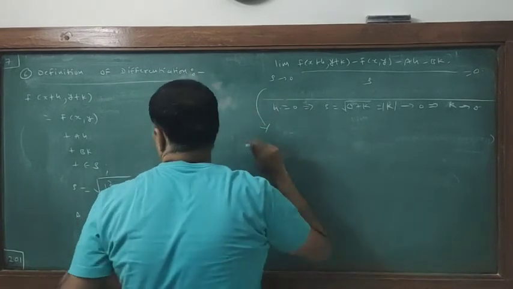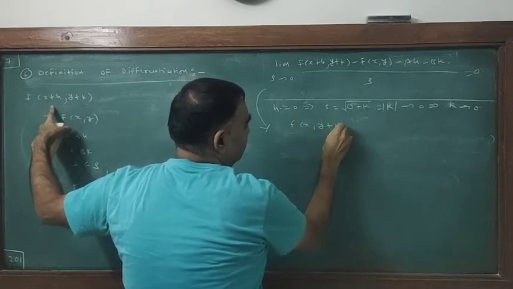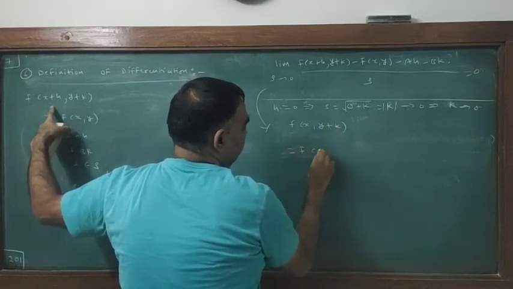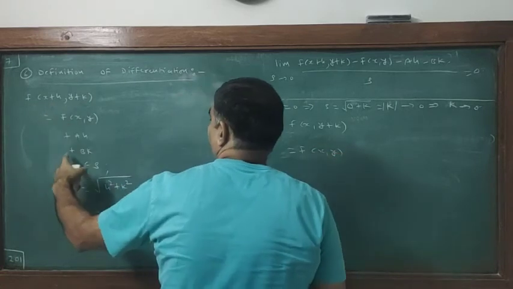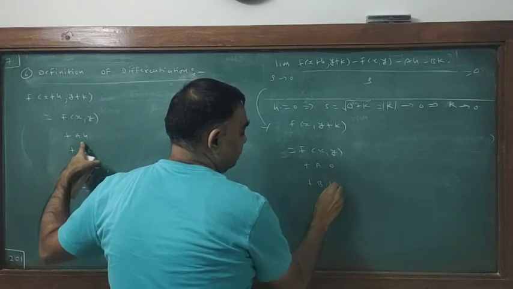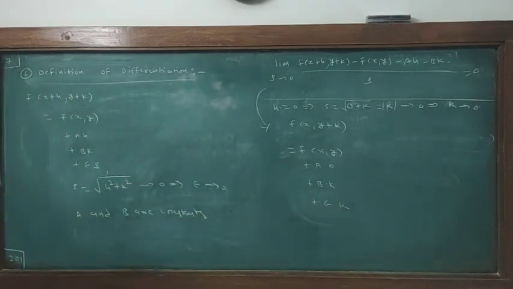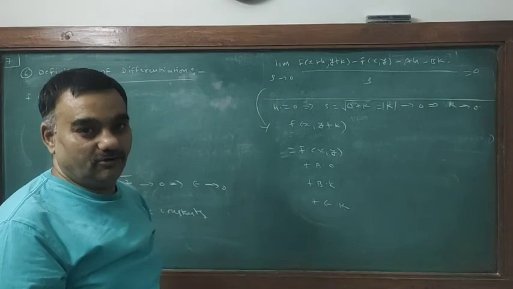Now here h is 0, so it is f of x, y plus k, minus f of x, y. This is not there, means a into 0, plus b k, plus epsilon into rho, and rho is k. You can write k or mod k, I have no problem.